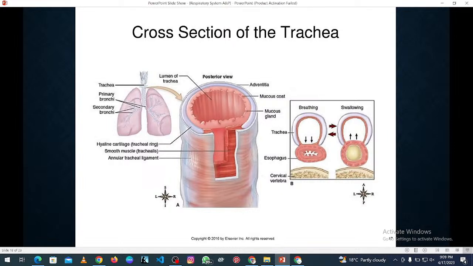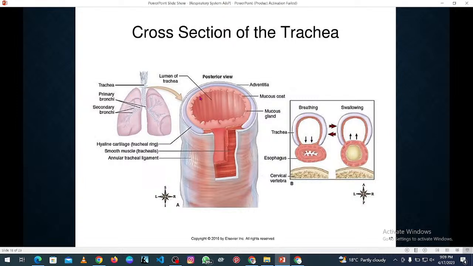The first one is the mucosa, or the mucosal layer, and then the last one is the adventitia. This one here, the adventitia layer. That is the last one, and this is where we have the C-shaped cartilage, just before the adventitia. This is where we have the C-shaped cartilages that help to keep the trachea open. Actually, the C-shaped cartilages specifically help to keep the trachea open.